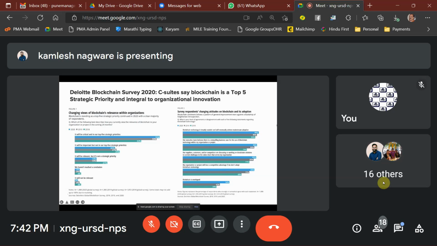This is an older report, from 2019 and 2020, but it clearly shows the willingness and maturity of blockchain is increasing, and it has become a strategic priority and integral part of any organization's innovation practice. Whether they implement an NFT, an efficiency blockchain layer, or simply create a metaverse, all of it has become a priority now.